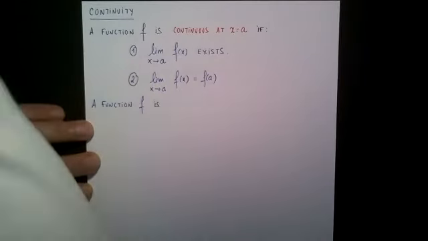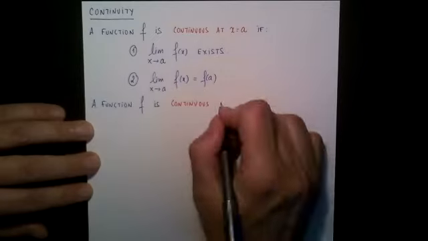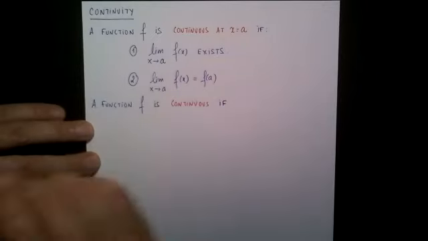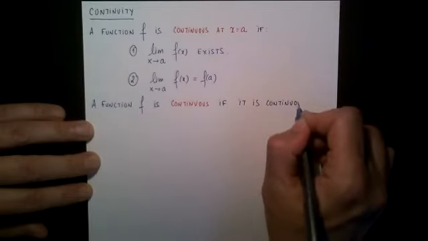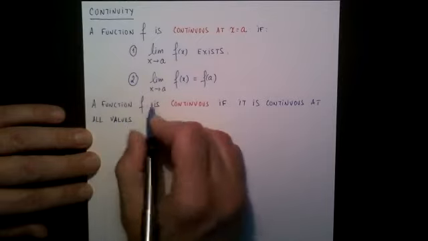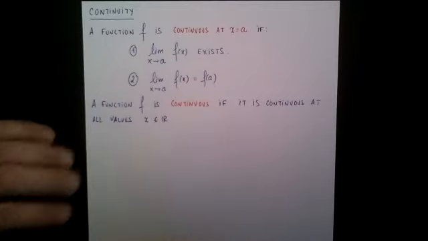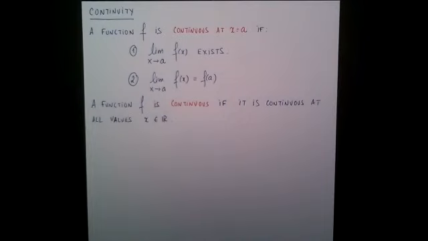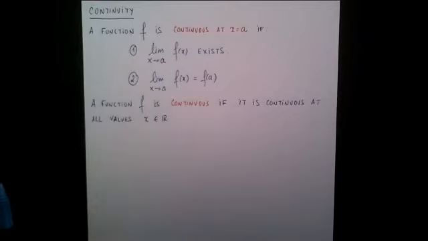So, a second definition: a function f is continuous, just continuous, if it is continuous at all values x in R. So if for every value of x, the function is continuous, so these two criteria are satisfied, then we say that it is continuous everywhere.